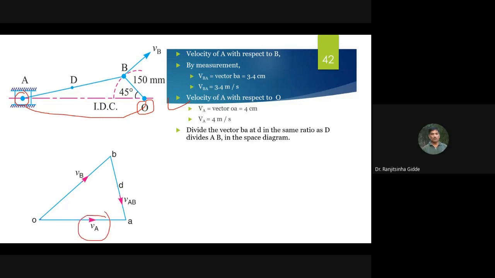So you can write, therefore, VA is equal to vector oa is equal to. So what are your values? You can put in chat box. Revannath.